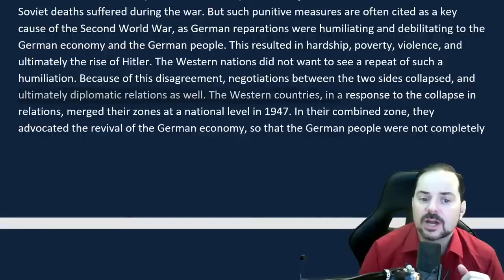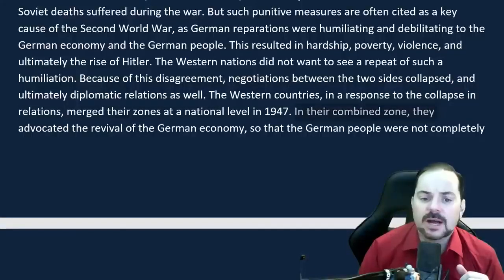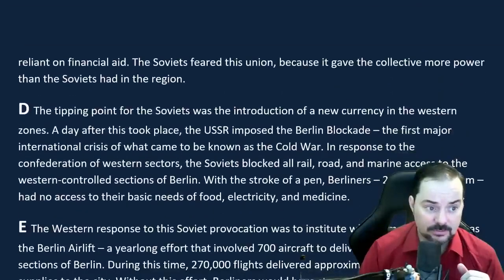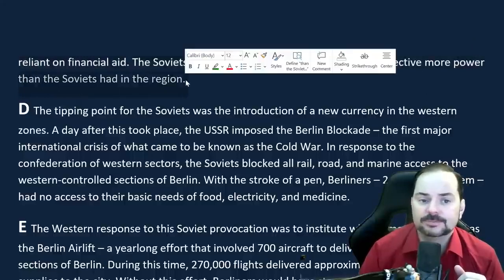The Western countries, in response to the collapse in relations, merged their zones at a national level in 1947. In their combined zone, they advocated the revival of the German economy so that the German people were not completely reliant on financial aid. The Soviets feared this union because it gave the collective more power than the Soviets had in the region. Okay?